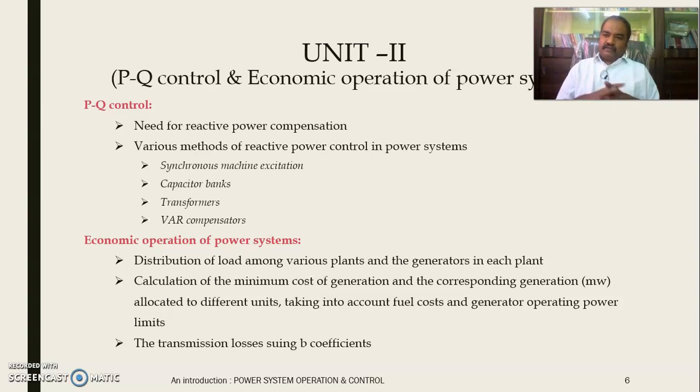So we'll come across the load sharing between the generators in a particular plant, and we also come across the load sharing between the plants when you do have a number of plants. We will also determine the transmission losses using B coefficients. We will see overall how we can operate the power system economically, how we can distribute the power generation economically.